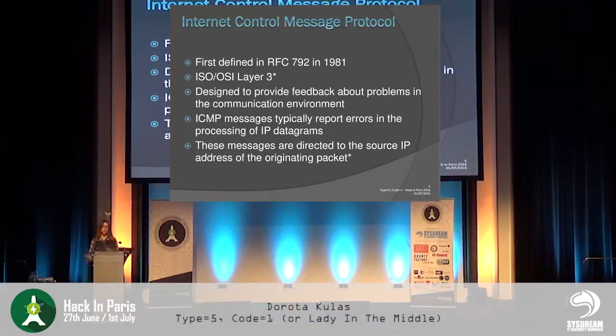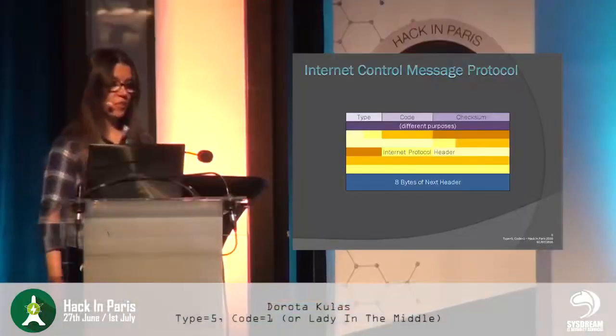One example of an ICMP error message may be UDP port unreachable. When the packet reaches the destination and there is some error, the host, or typically the router, but sometimes just the destination host, will send back an error message with an IP header of its own, and then it will embed the ICMP message, which then embeds another IP header of the originating packet.